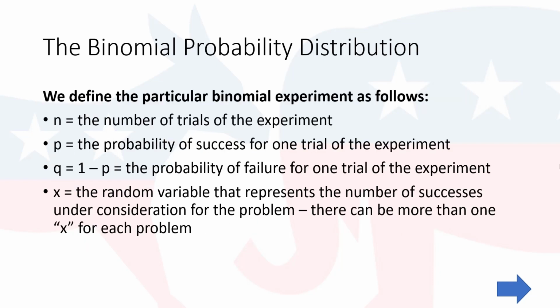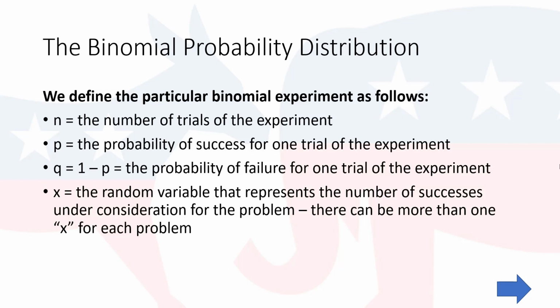We define the particular binomial experiment as follows. We use the parameter n to represent the number of trials of the experiment. We use lowercase p to represent the probability of success in one trial each time we do the experiment.